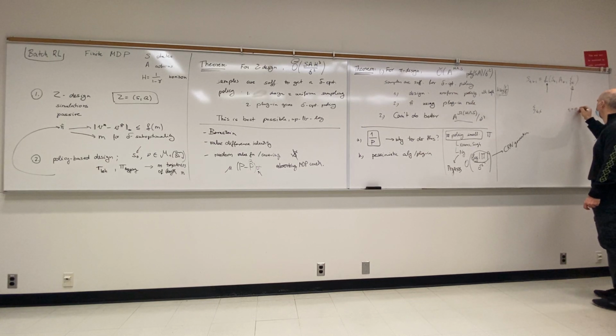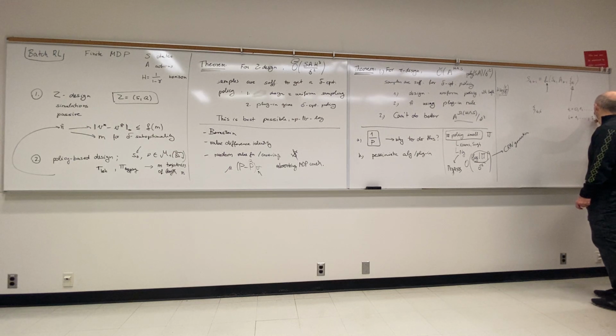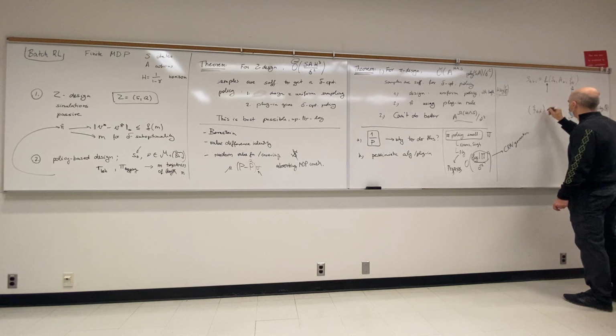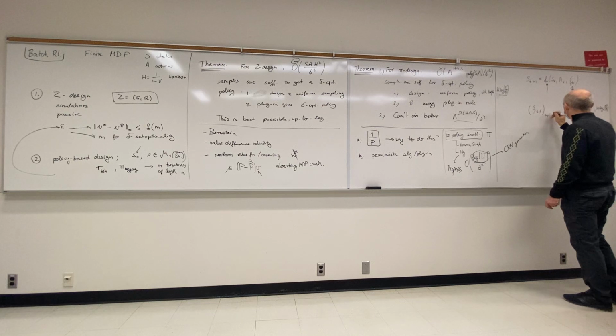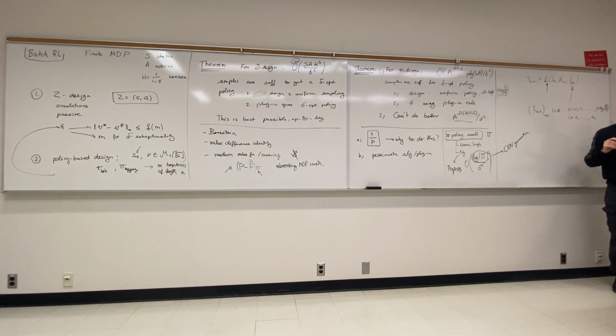T goes along a trajectory, and so maybe it goes up to H times log 1 over delta, and i is how many repetitions we have, and we have n of them, and you generate this table in an IID fashion. So the total number of random generator calls is n times H log 1 over delta. Delta is your target accuracy for the policy.